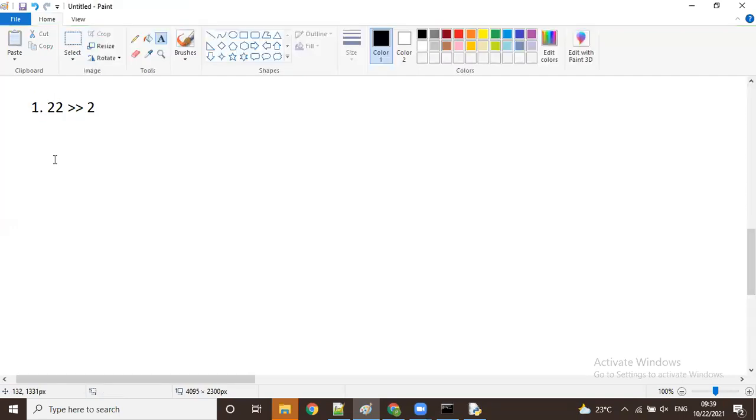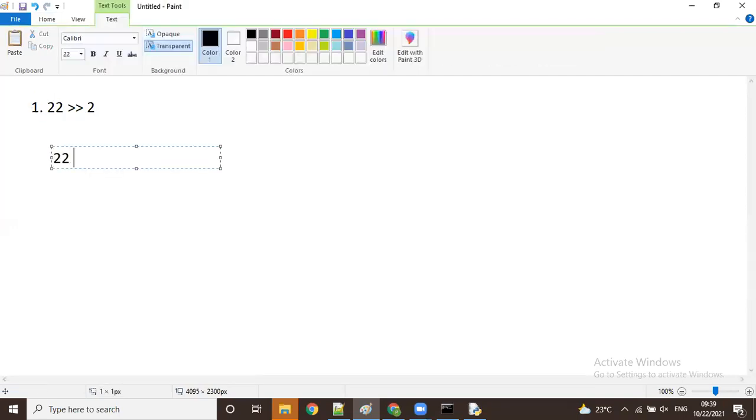Right, so all of you observe. I take 22 right shift by 2, guys. First of all, for 22, take the binary values. To get the 22, what is required? I take the 1, then 2, then 4, then 8.